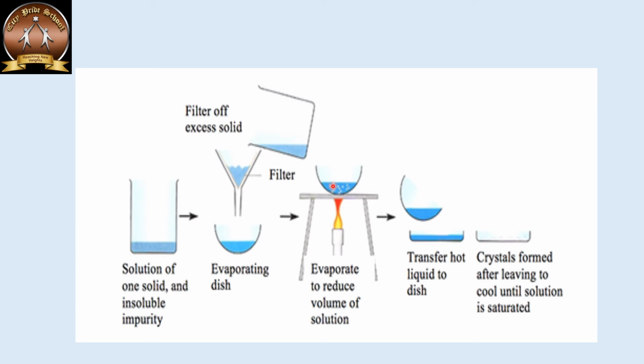Now at this point we have to insert a glass rod into it, and after taking it out we have to blow air on that glass rod. If there is formation of crystals on the glass rod, we come to know that the solution has been appropriately evaporated and we have reached the crystallization point.